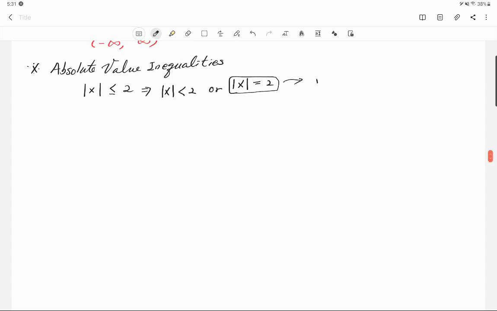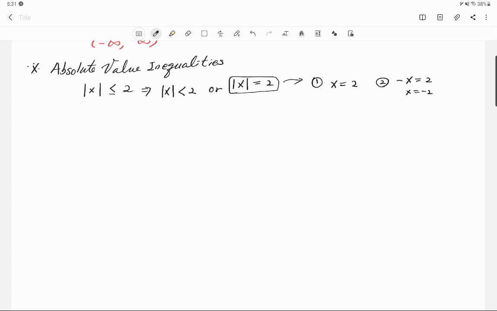This one will give you two equations, right? One is if x is positive, then just remove the absolute value symbol, so you have x equals 2. The second equation is if x is a negative number, put the negative sign outside, so x equals negative 2.